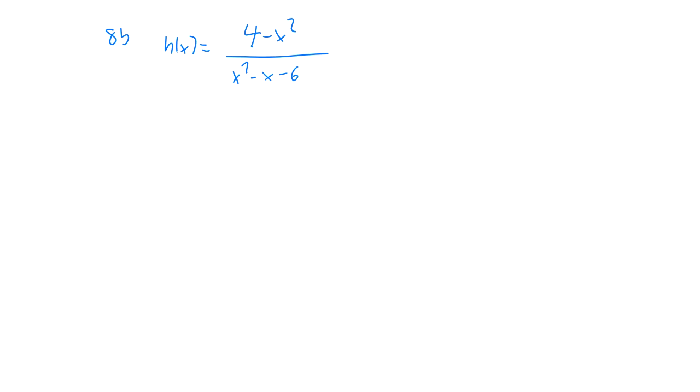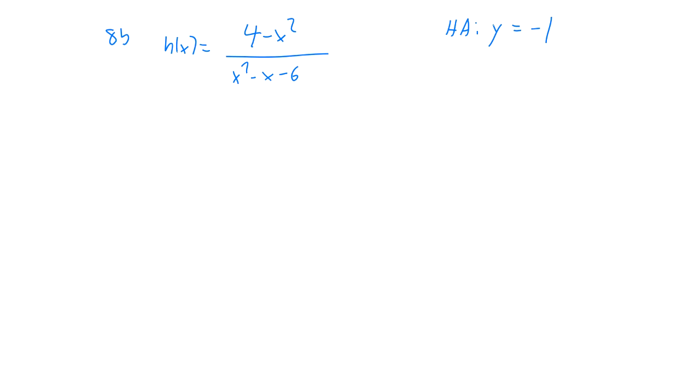I guess the easiest thing to do is the horizontal asymptotes. We see that this function is balanced, and that the ratio of the leading coefficients is -1. So there's a horizontal asymptote at -1.